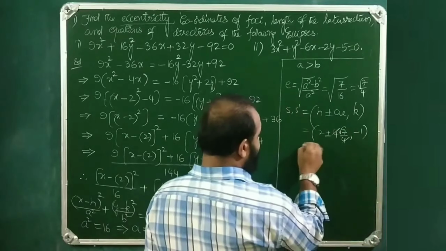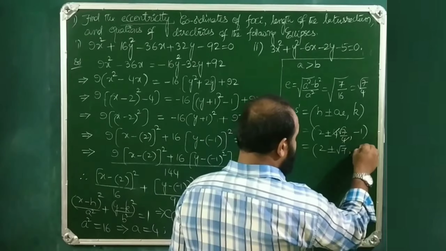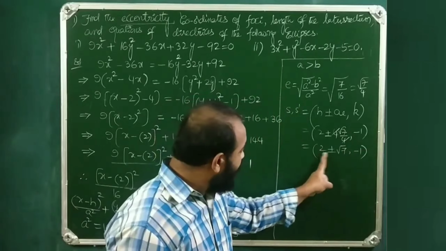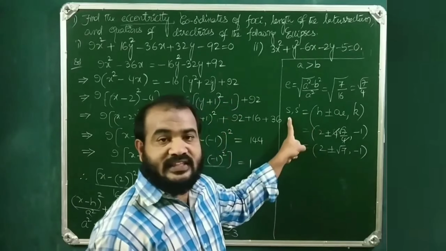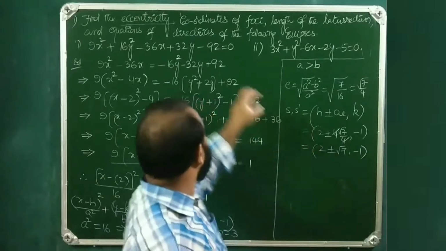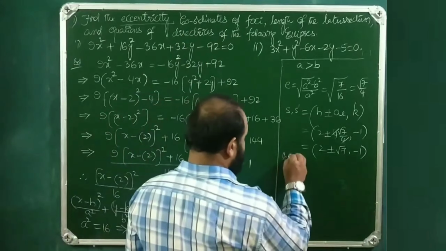So 4 gets cancelled: 2 plus or minus root 7 comma minus 1. If you take the plus one, this is 2 plus root 7 comma minus 1, which is S, and 2 minus root 7 comma minus 1, which is S dash. So these are the coordinates of foci.